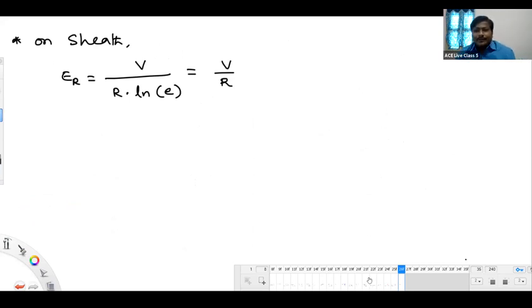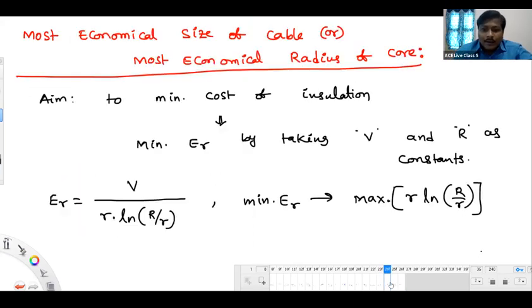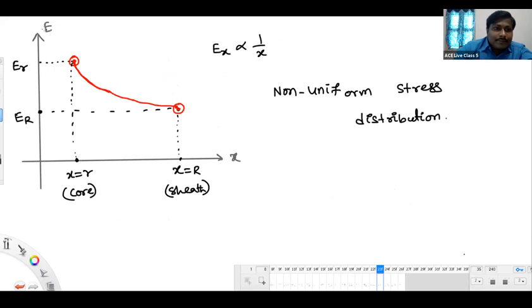Let's continue. I'm taking up a different plot here. Different plot means earlier, we have taken the field intensity variation starting from core to sheet.